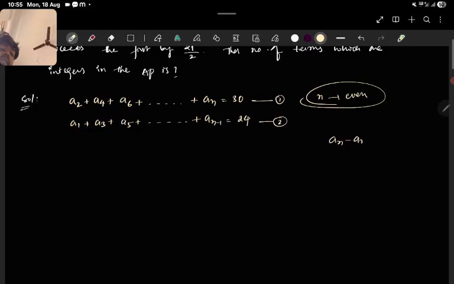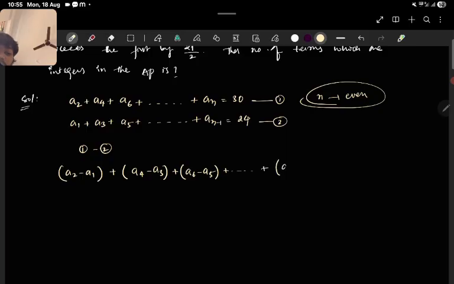AN minus 1 will be what? D, right? This is what we know. Now if I take the first equation minus the second equation, what will it be? A2 minus A1 plus A4 minus A3 plus A6 minus A5 plus so on up to AN minus AN minus 1 is equal to 6.